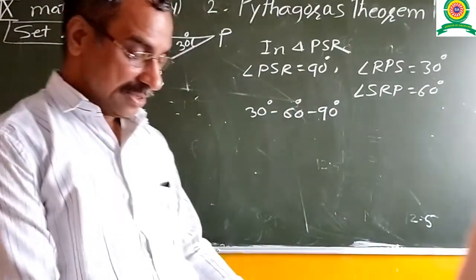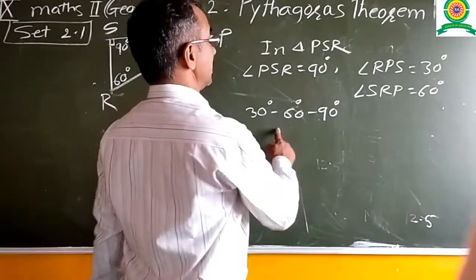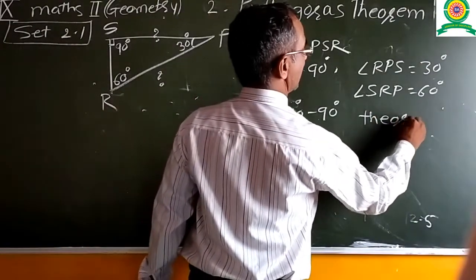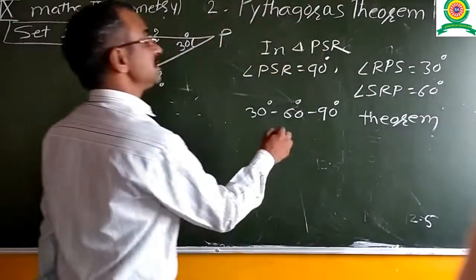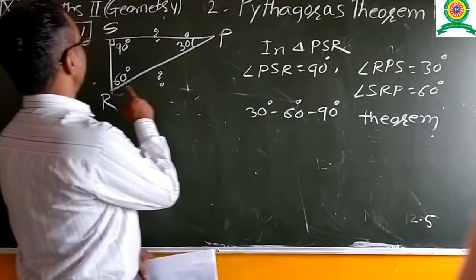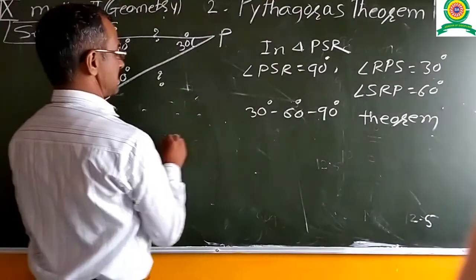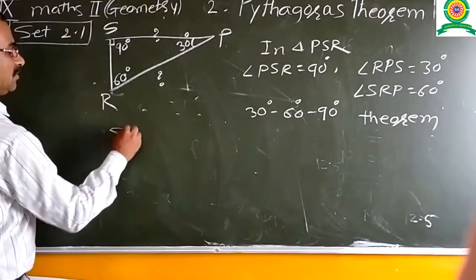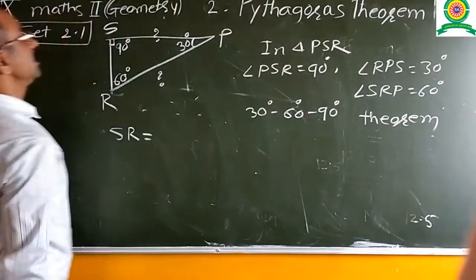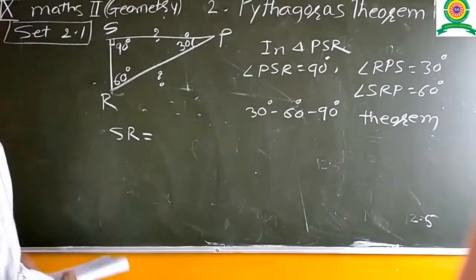So by using this 30, 60 and 90 degree theorem, we are finding the value of SR. What does that theorem tell?